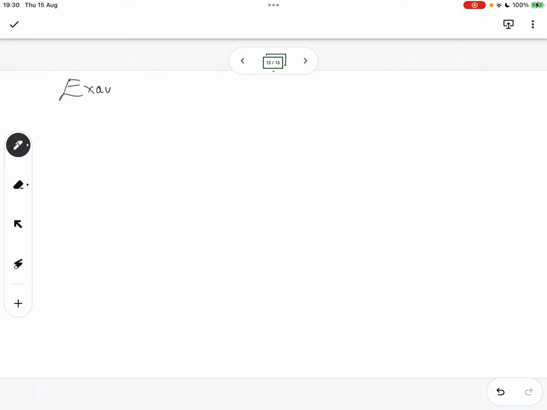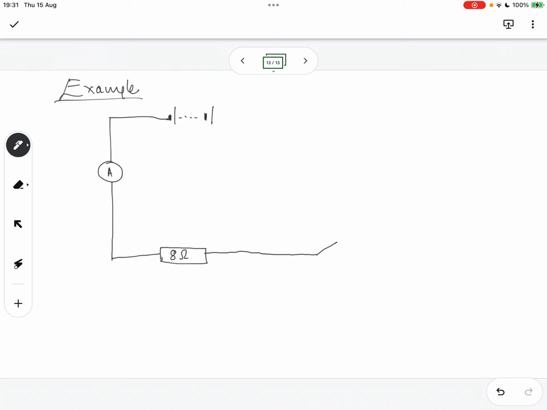So the circuit that we are given is as follows. We have a cell or a battery made up of cells, and it has a potential difference of 24 volts. An ammeter is connected there in series. A resistor is also connected there, and it has a resistance reading of 8 ohms. We have an open switch.